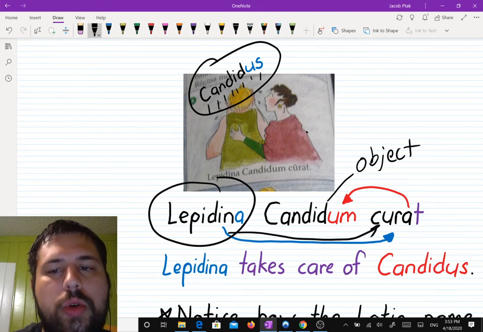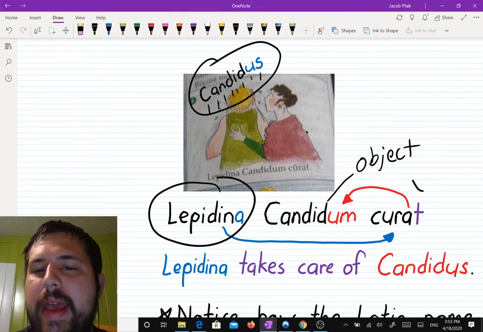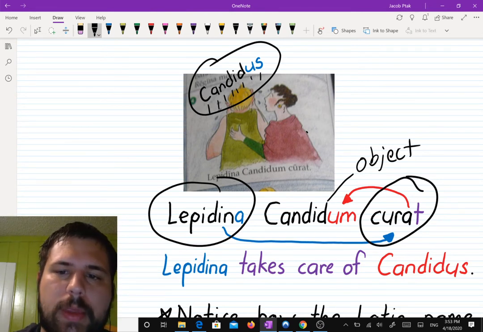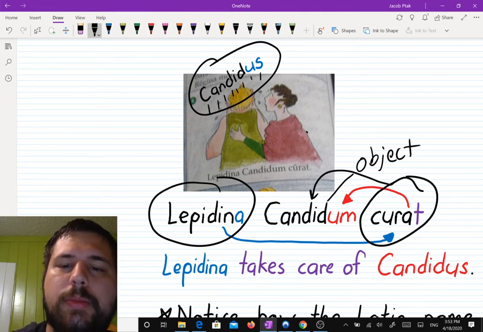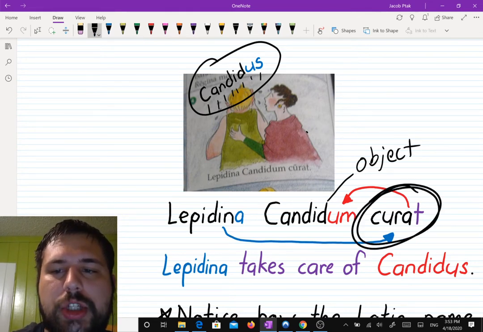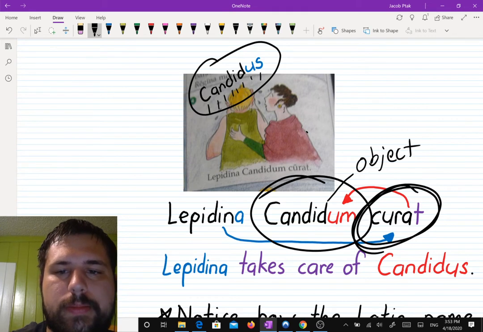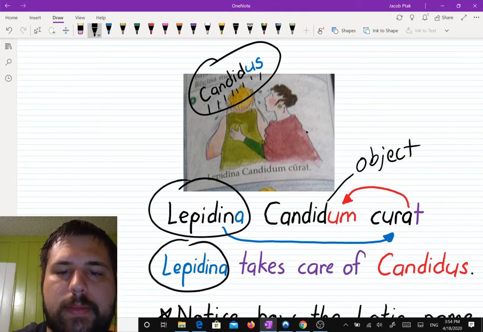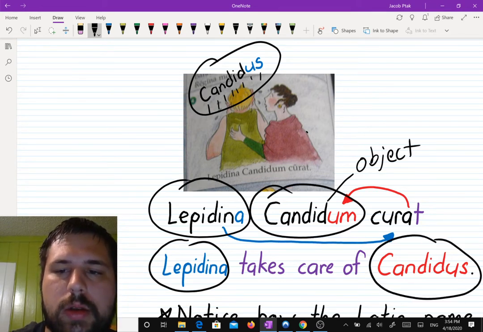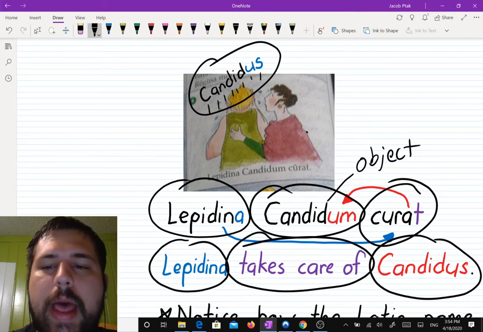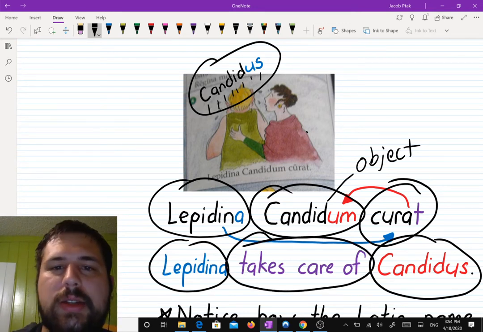Well, she's doing curat, takes care of, which sounds like the English word cure, by the way. And then you come and find the object, because the object is just the thing that you're doing the action to. So, Lepidina candidum curat. In English, Lepidina takes care of Candidus.